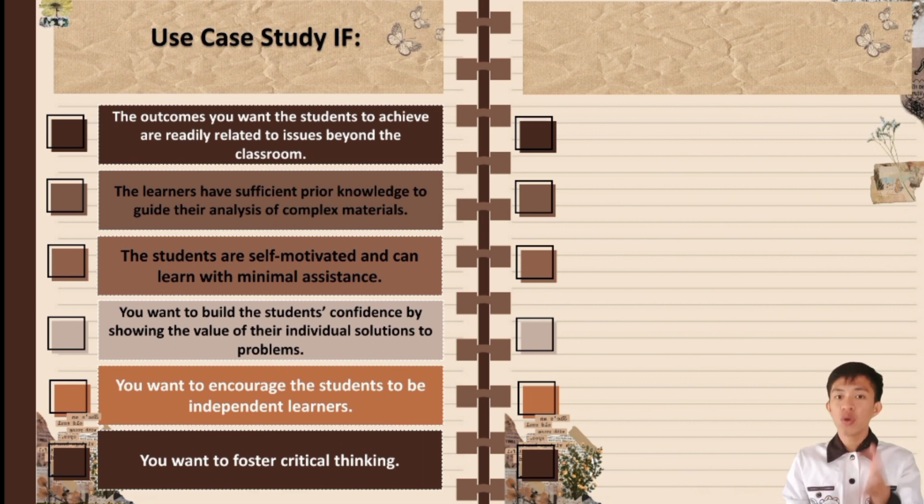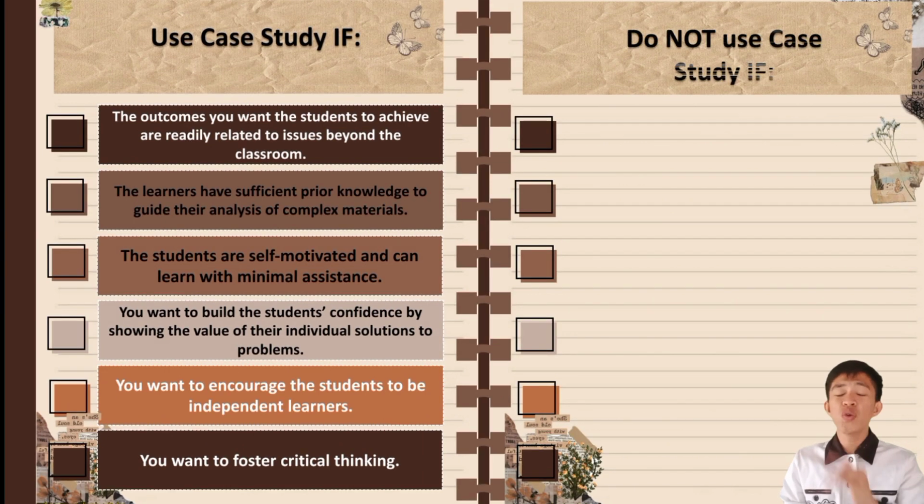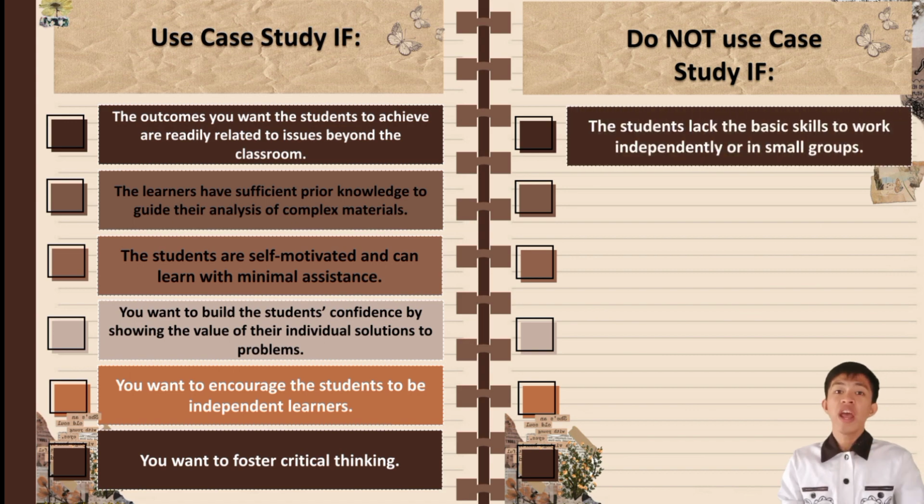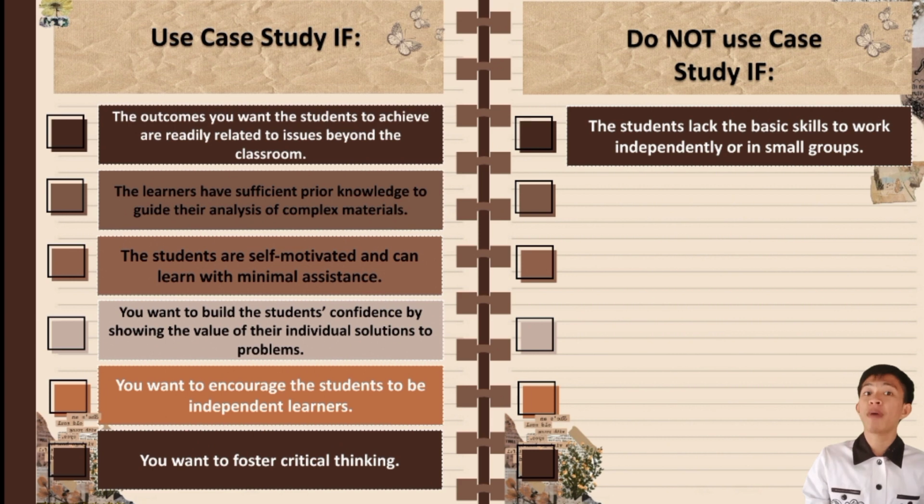Okay, so those are the six considerations for when you can use case study. However, on the other hand, do not use case study if, 1, the students lack the basic skills to work independently or in small groups. I said earlier in the first column, use case study if you want to encourage the students to work independently.